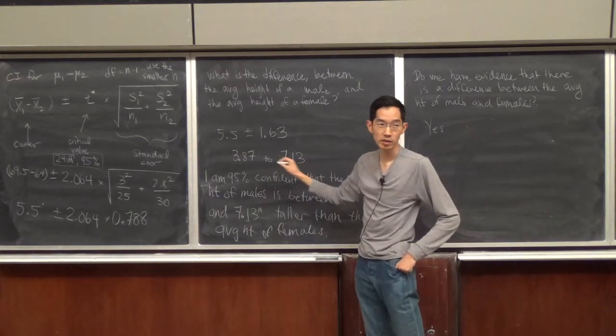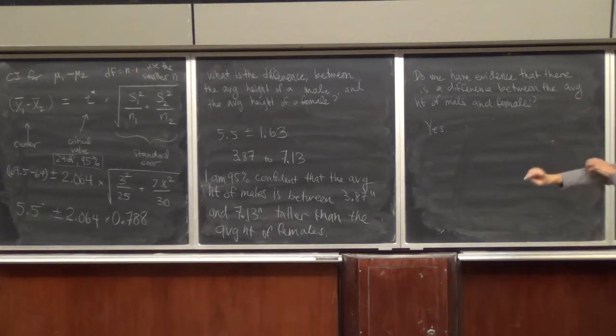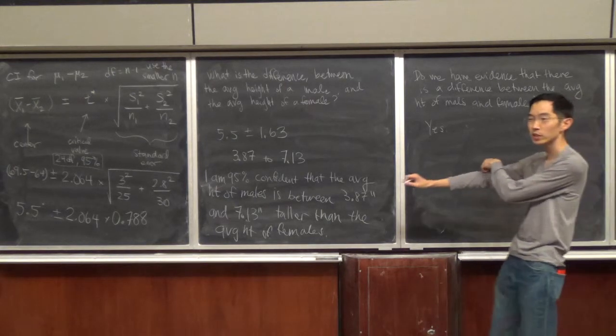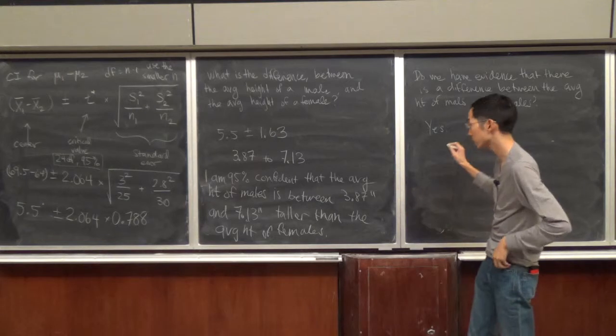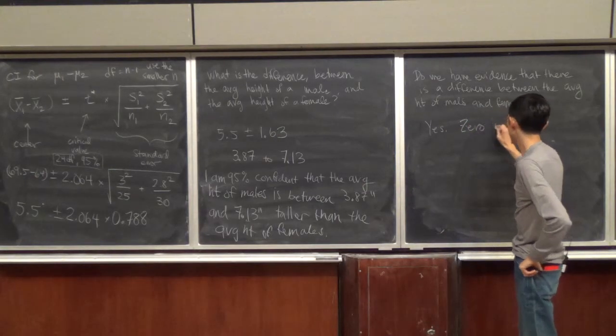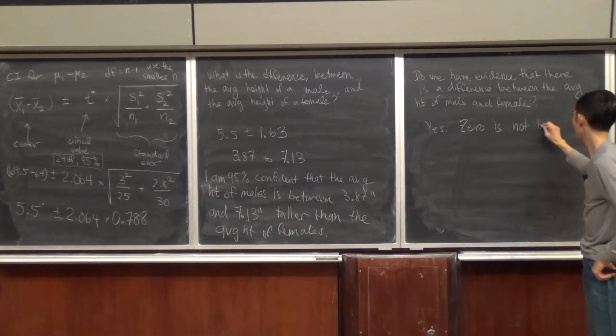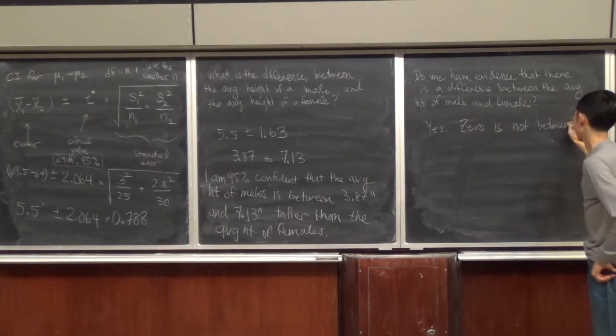0 is not within our interval. Okay, if 0 were inside the interval, then we would not have evidence of a difference. 0 is not between the ends of our interval.